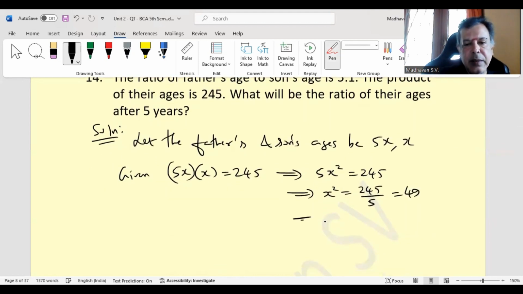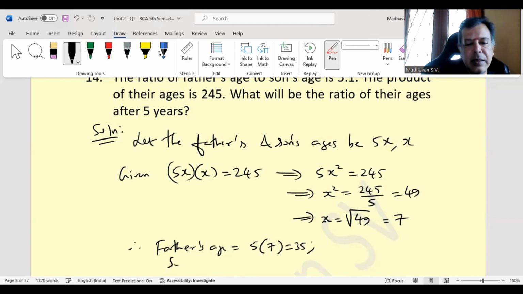That means x is root of 49, which is mathematically plus or minus 7, but here it is age, so negative will not be applicable. We make it 7. So therefore, father's age is 5 into 7, which is 35. Son's age is 7.